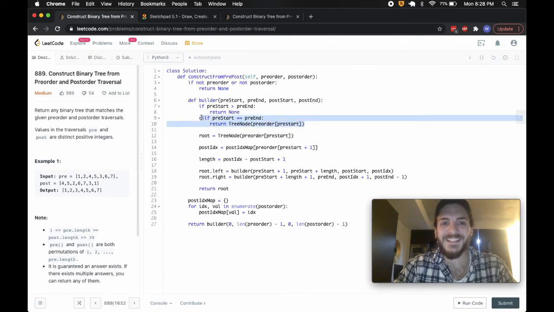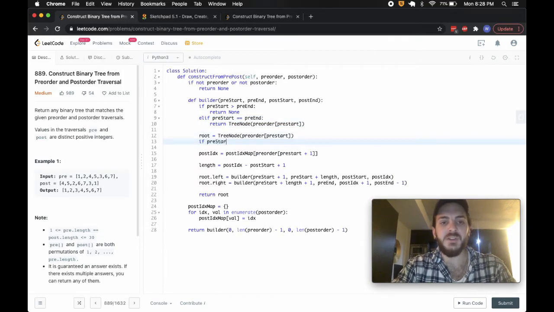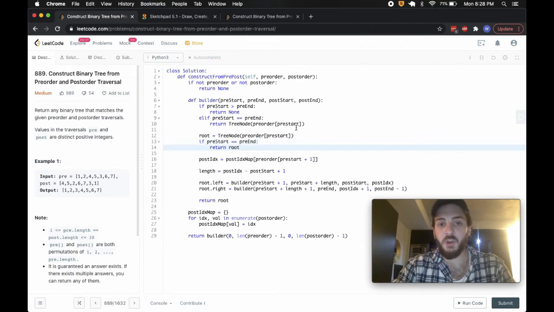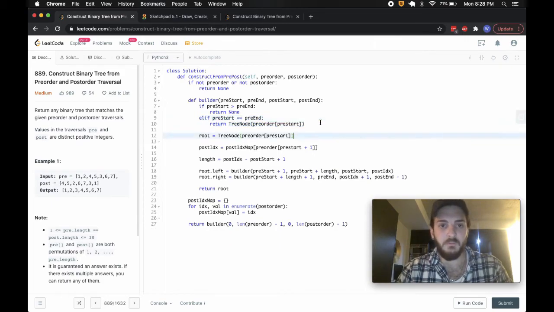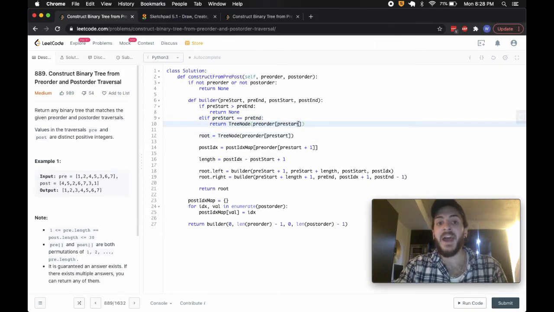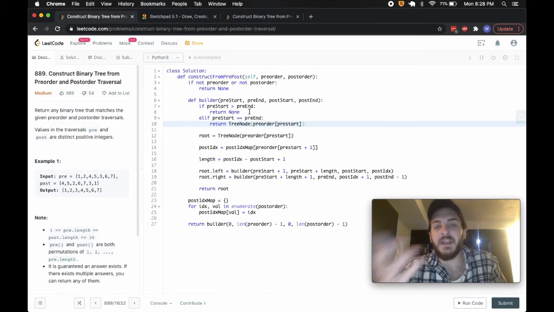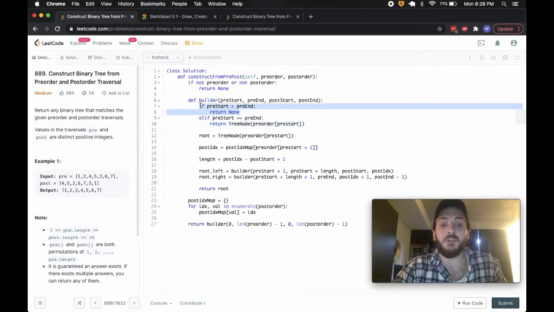You could argue that this isn't really a terminal condition, that I could get rid of this, and do something like if pre-start equals pre-end, then return root. Yeah, you could argue that, and then get rid of this. Whatever floats your boat. I liked it like this. It was cleaner for me in my head, so that's why I ran with it. So technically speaking, you could argue that this is our terminal condition.